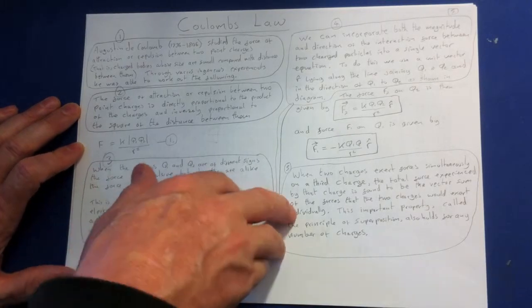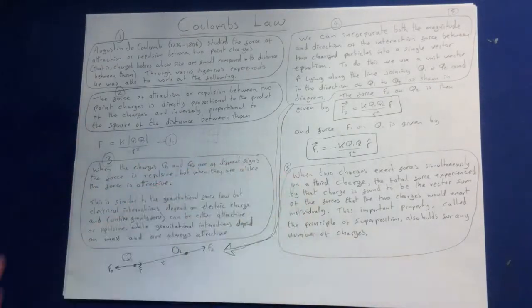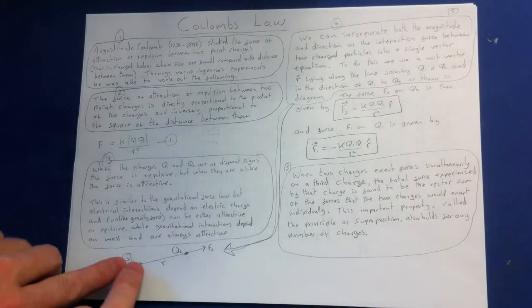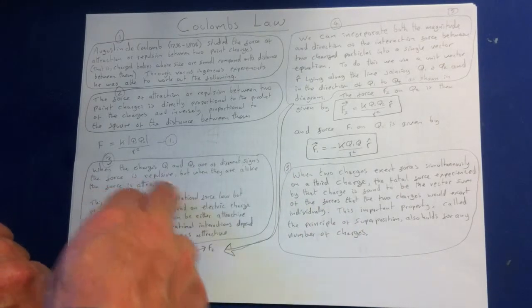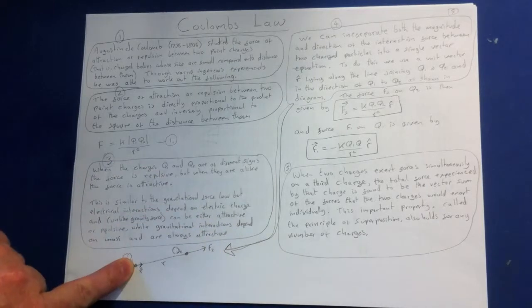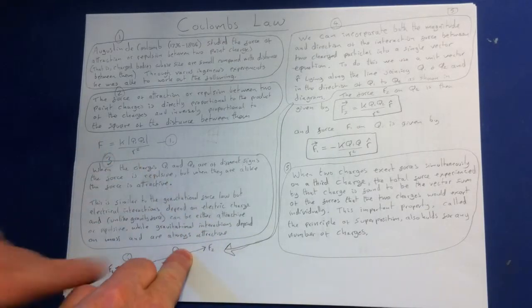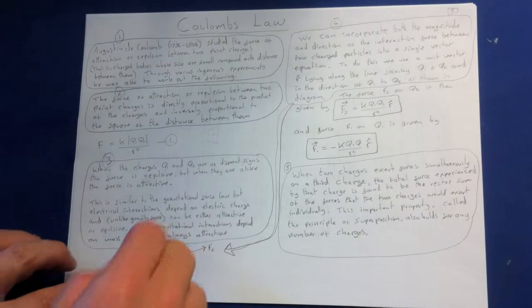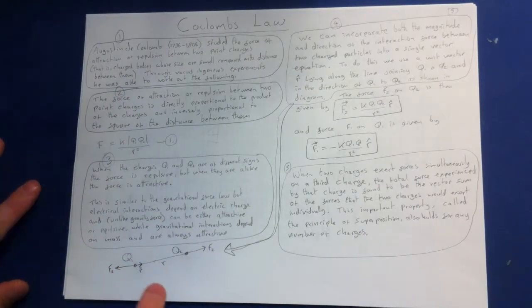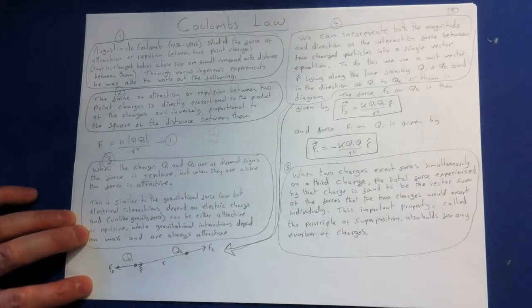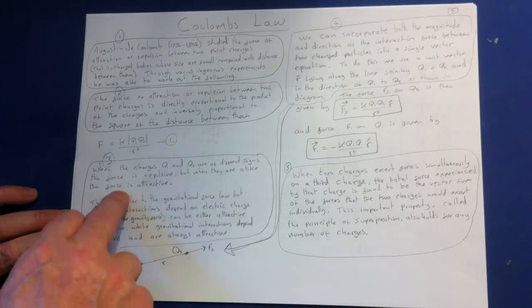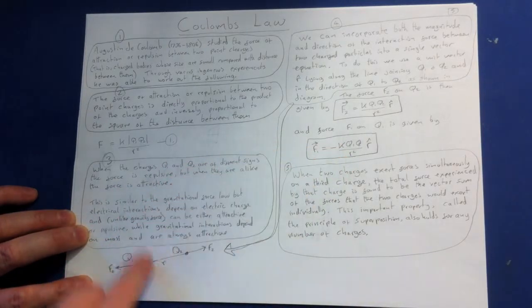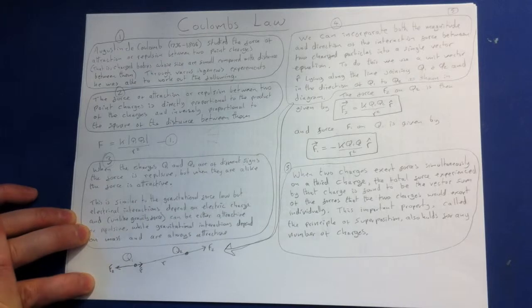So what this is referring to is, if we had a lot of charges, then we would take each charge individually, work out the forces contributing from all the other charges, then take the next charge and do the same thing. We can add them all together. So that's really useful. We can actually figure out the total force by simply working out all of these for each charge, and we can just add them together, which makes it a lot easier.